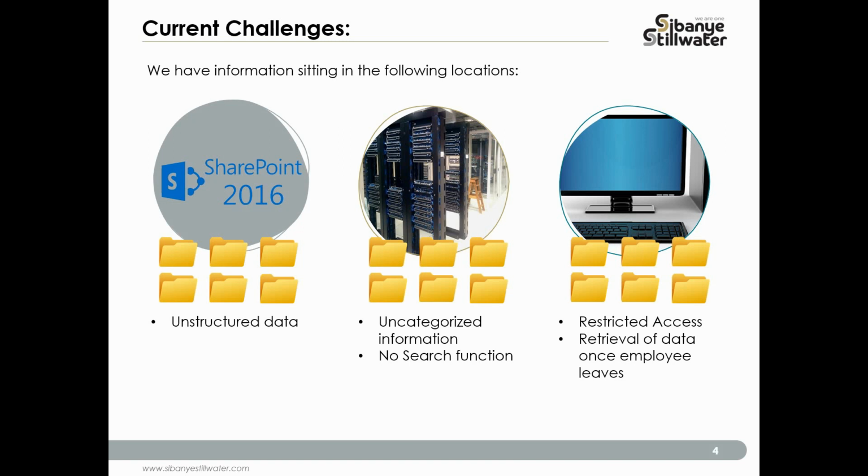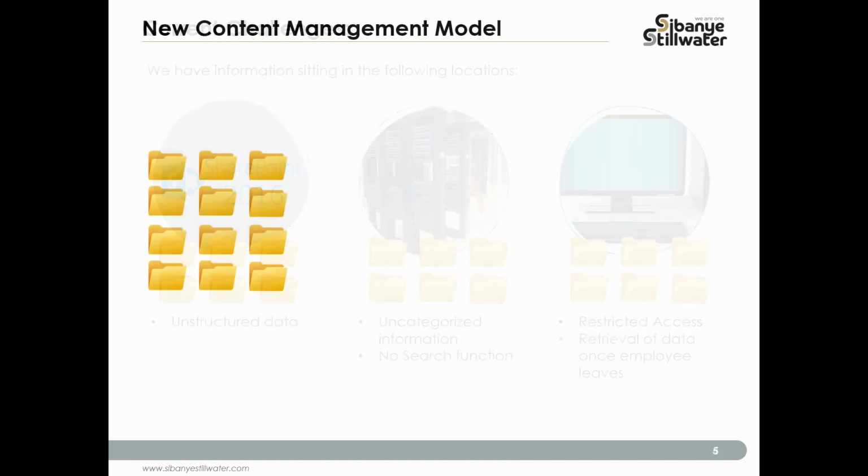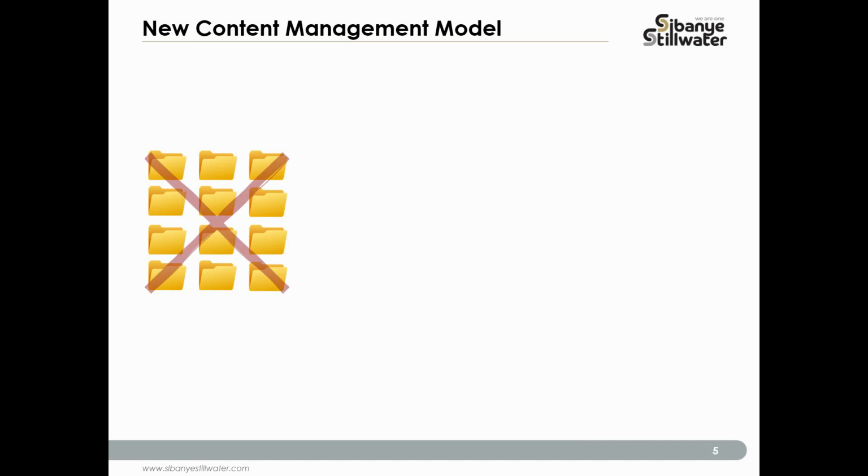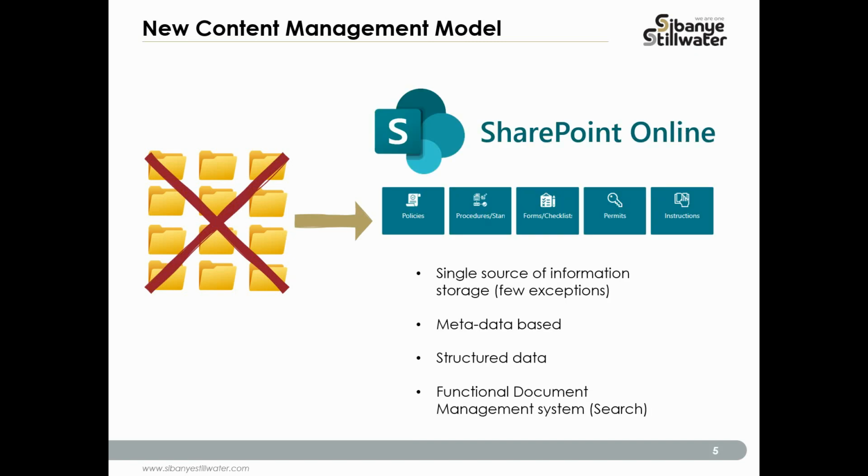In order to get past all of those hurdles, Sibanye Stillwater is moving to a new model, moving from the heavy folder-based structures, which are not future-proof and not easy to manage given the new governance requirements, to a SharePoint-based model, which is metadata-based and uses structured data to manage content and ensure that you can not only find things when they are uploaded, but also manage a lot of the governance functionality, which right now is difficult to do.